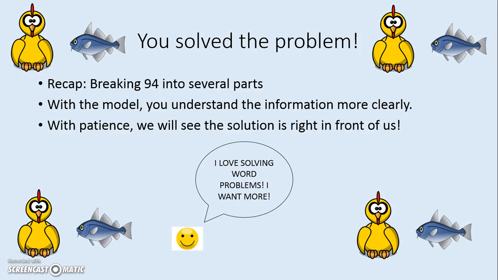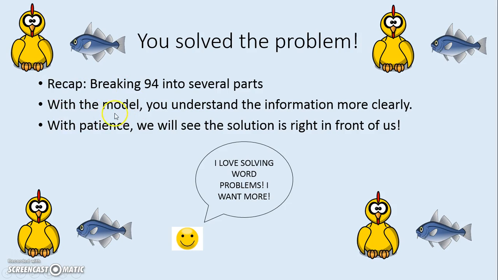One of the critical pieces of information was to break that 94 pies, that chicken pies sold, into several parts, or rather into units, so that you can see that there's an equivalence between the number of units and 94. Now if you have noticed one thing, without the model, you would not be able to see the information more clearly.